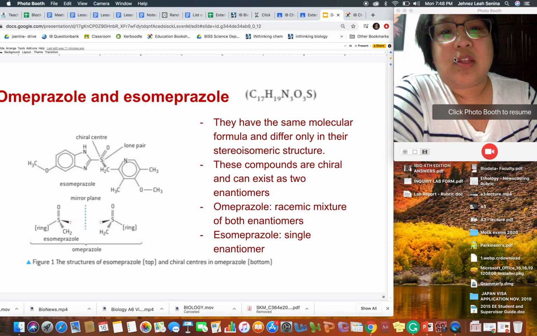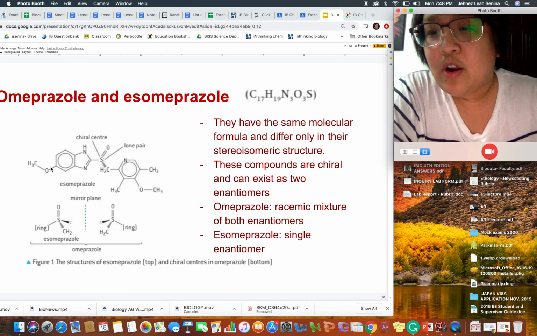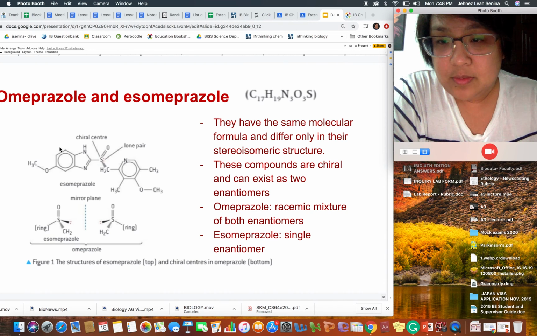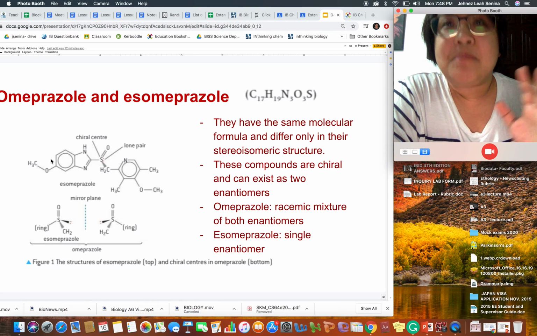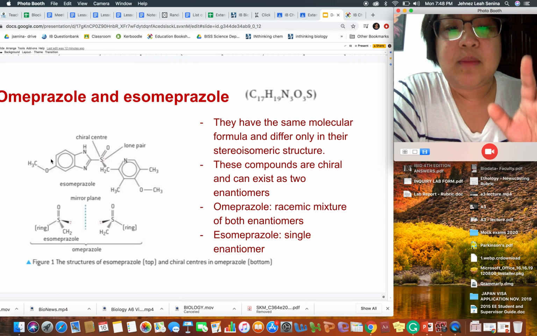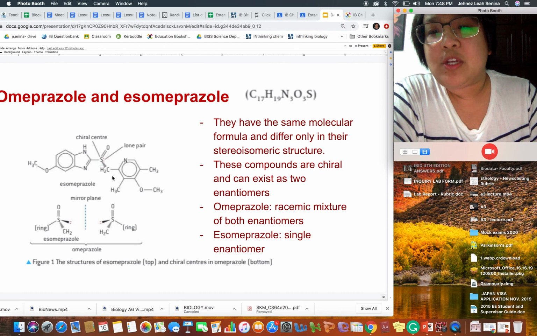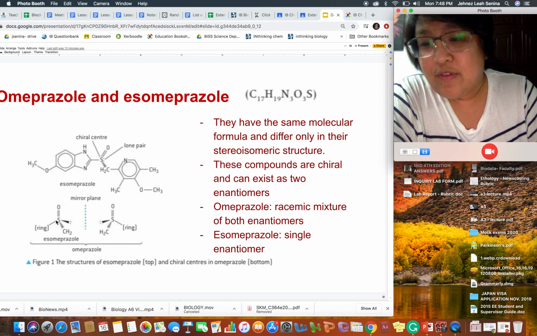This is the structure of esomeprazole. Your omeprazole comes in a racemic mixture. I think the HL students will know this, but let me explain what a racemic mixture is. You have this molecule, esomeprazole, and you have a mirror image of this molecule.